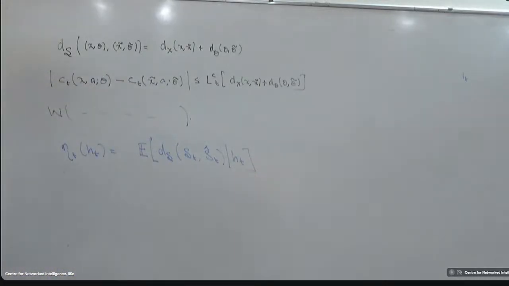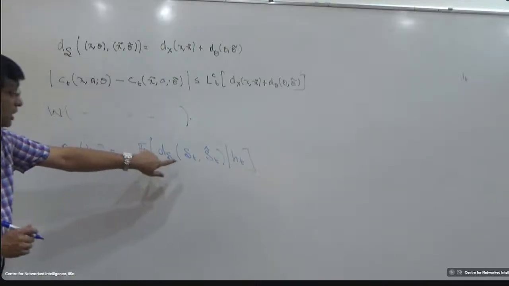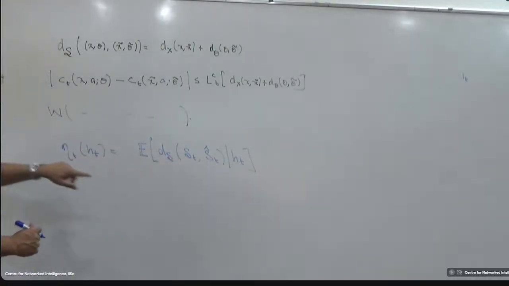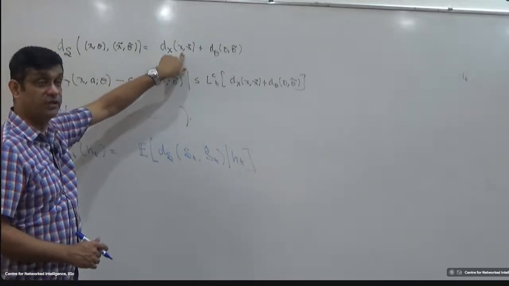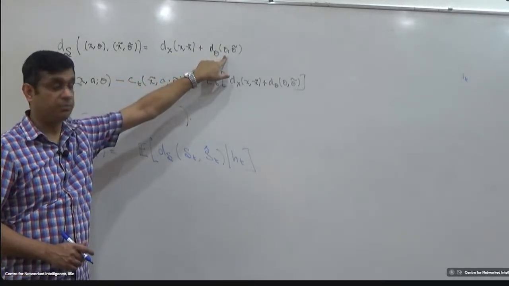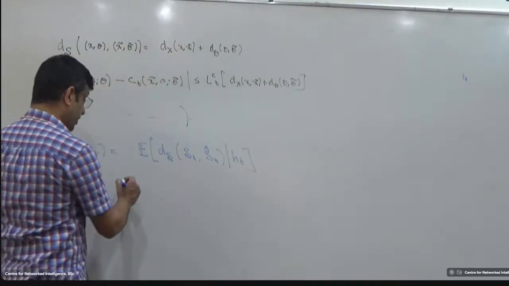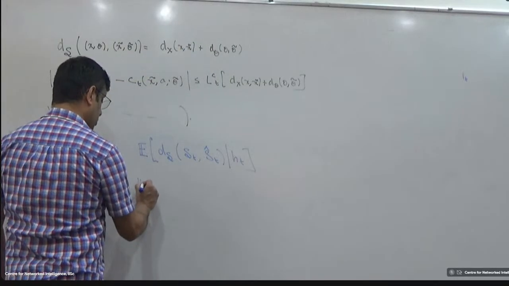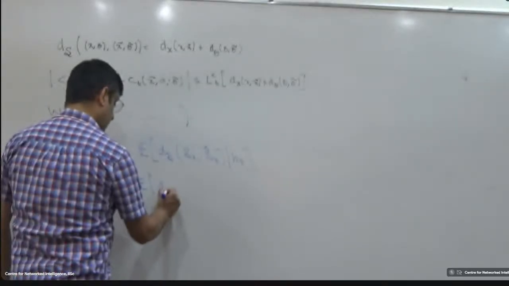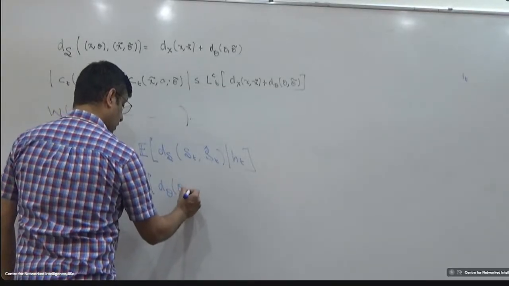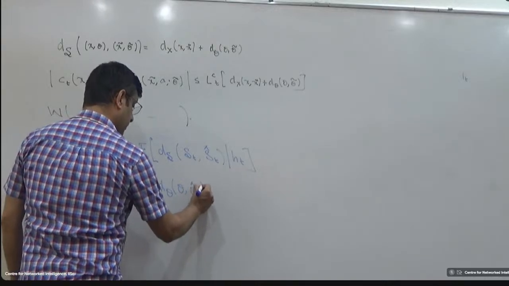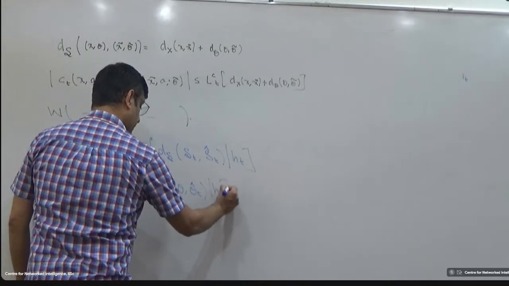Now, the state consists of two components, the x component and the theta component, and I observe the x component. So this distance will be the distance between the x components and the distance between the theta components, and the distance between x components will be 0. So this is really equal to the distance between theta and theta hat t conditioned on h t.